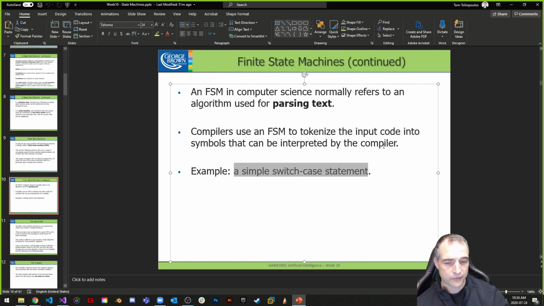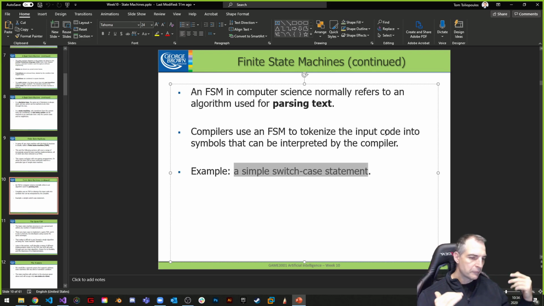A good example of this is when we're moving from one state to another in our game when a player dies. For example, I'm in the start state, waiting for the button to be pressed. When the button is pressed, I move into my play state. From my play state, I'm fighting, and then if the player dies, they go into the end state.